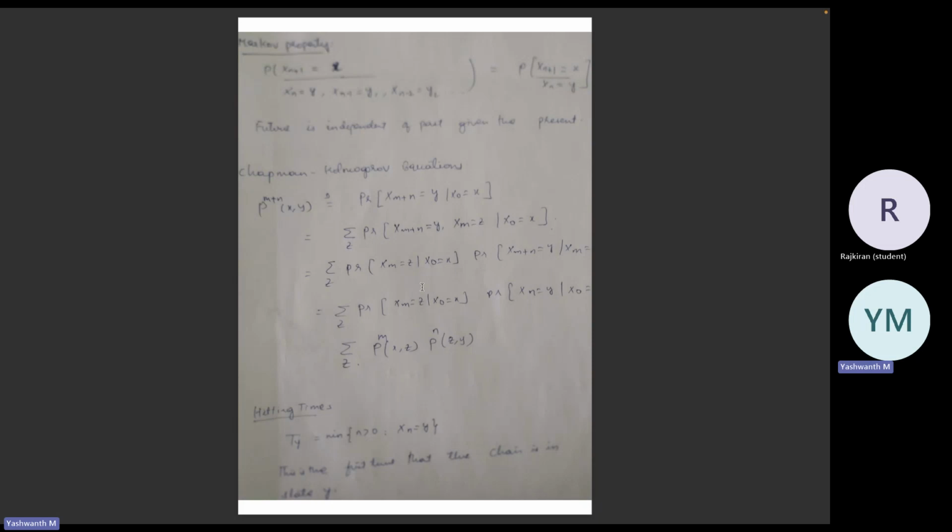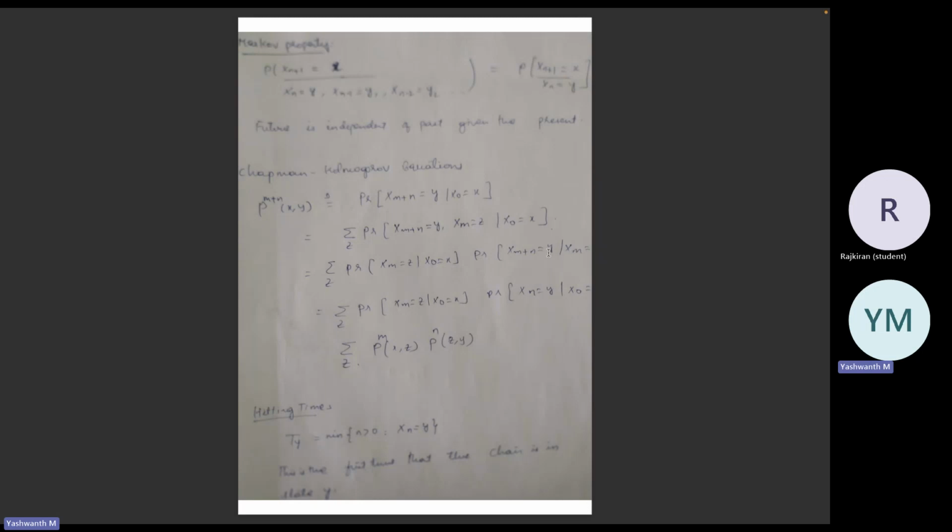This thing is X_m is z given X_0 is x, but this other thing is the same as X_{m+n} is equal to y given X_m is equal to z. You discard X_0 because of the Markovian assumption, because X_m is the most recent thing.